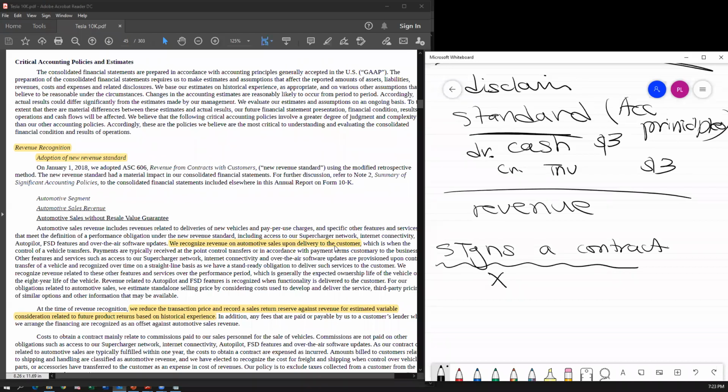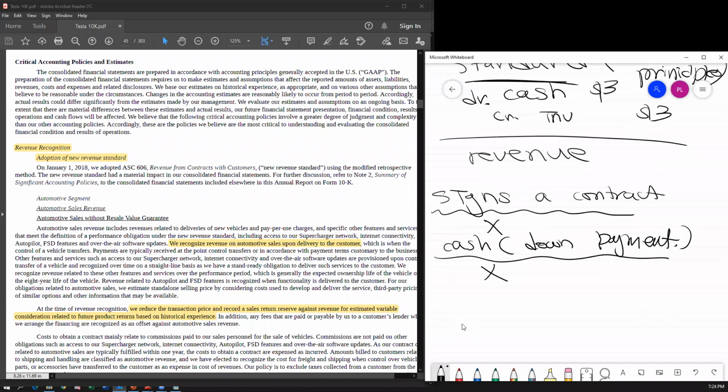Or let's say another example, when a customer pays cash, let's say down payments, okay? Whenever you go to a dealer shop, you usually pay down payments, okay? When a customer pays a down payment, does Tesla record a revenue? The answer is no, okay? At the point of customers paying a down payment, we do not report a revenue.